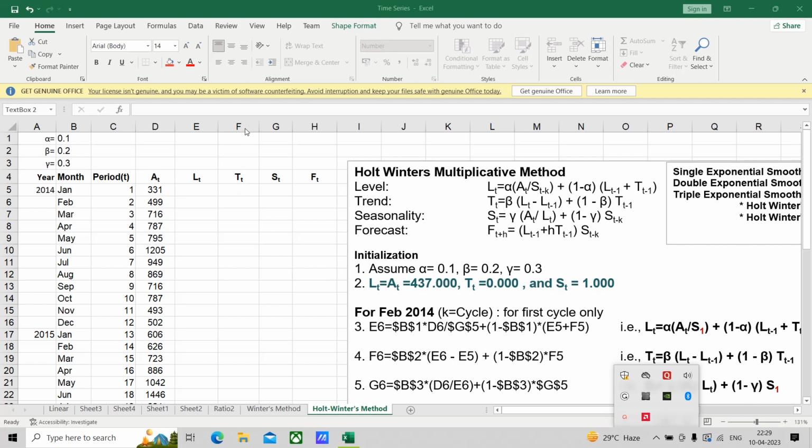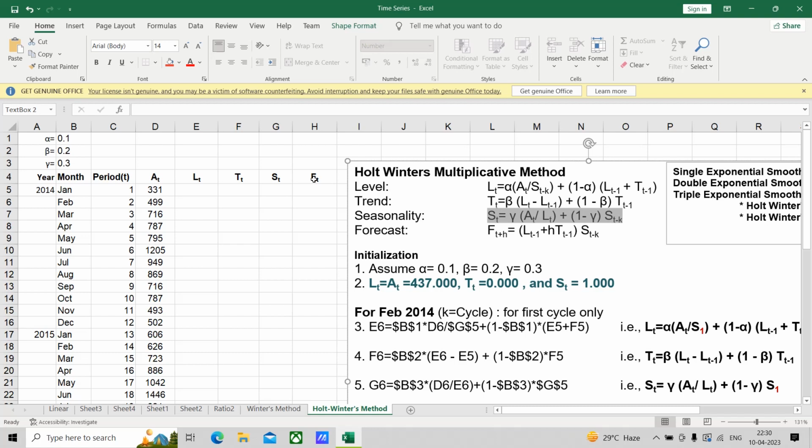Then next column, I mean sixth column, is denoted by capital F. Sixth column is the trend data, and in trend data we will use this formula to find this value. And third component is called seasonality component. For seasonality I have used St, and this St is calculated by this formula.